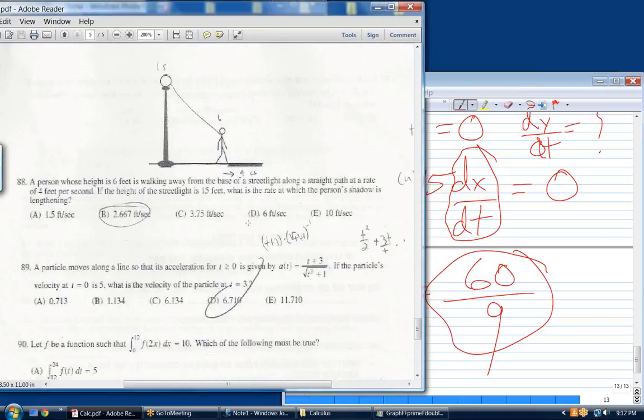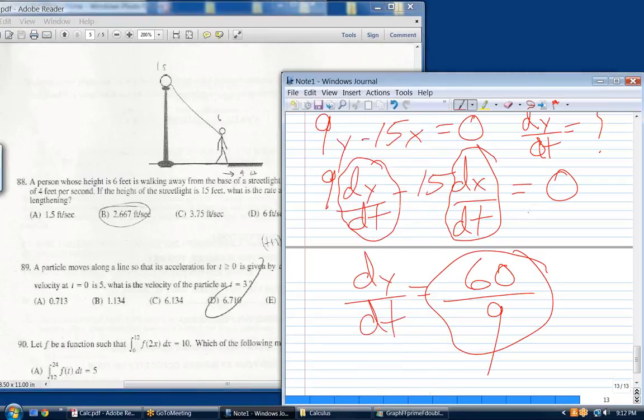D. Not quite sure why they're off so much, because there was nothing complicated in any of this. The precise answer is 60 divided by 9, which is more like 6 2/3.